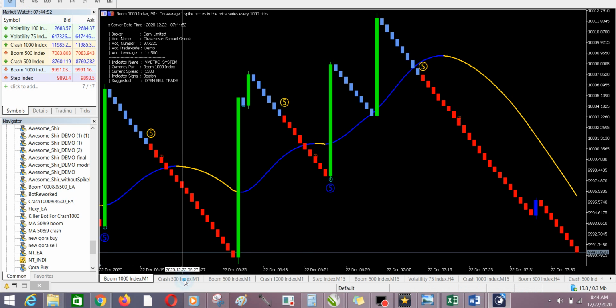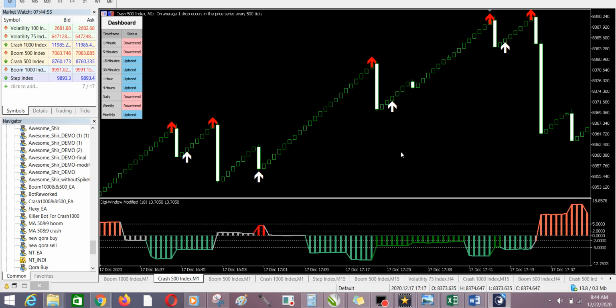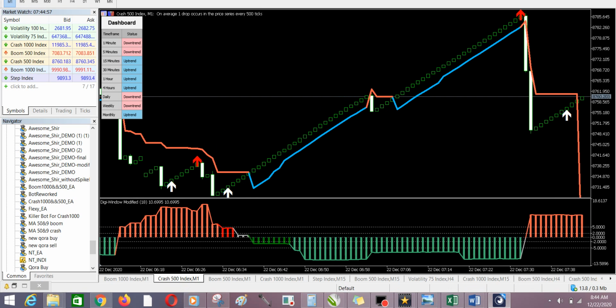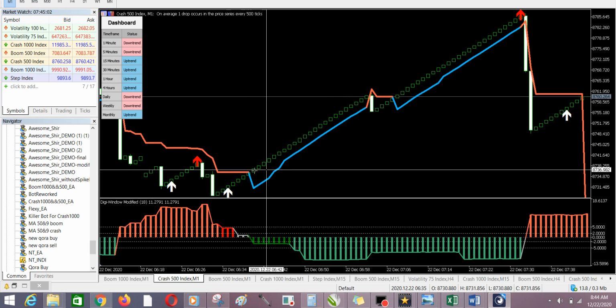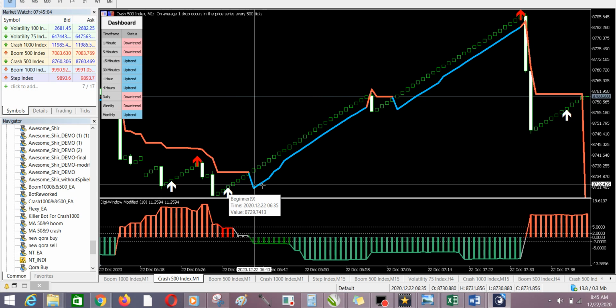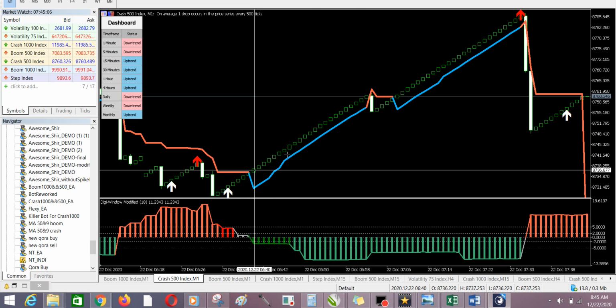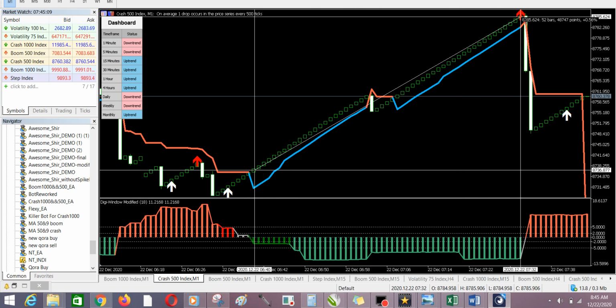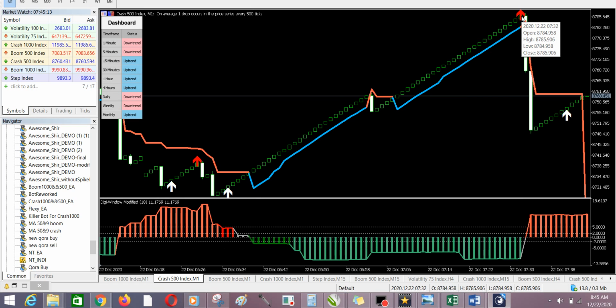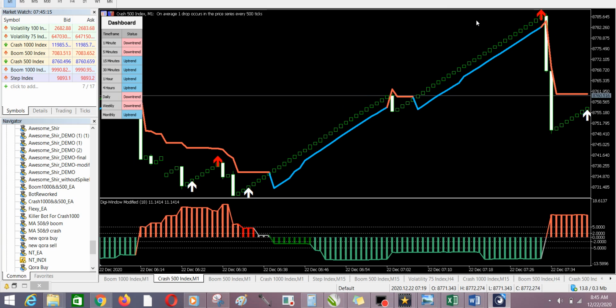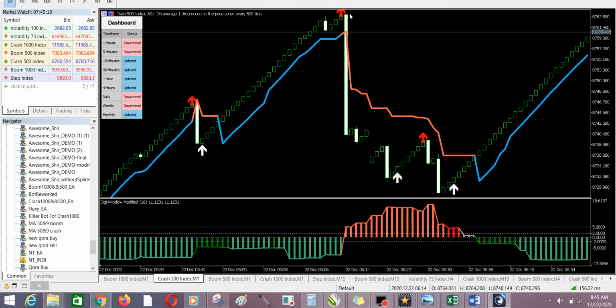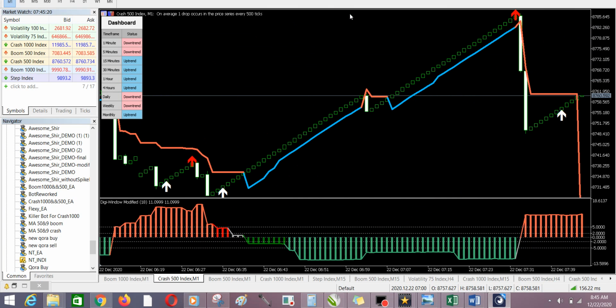So let's check out crash 500. For crash 500, it's been on an uptrend for a while. You can see here we got our buy signal, got confirmed almost immediately, and gave us these 52-minute candles. And when it got to this resistance level, you can see the resistance level here also, this time around it started crashing down, and it has gotten to this level.